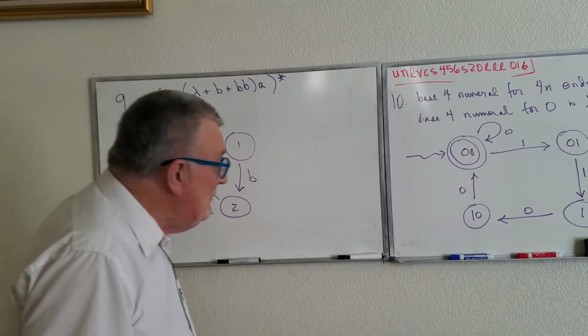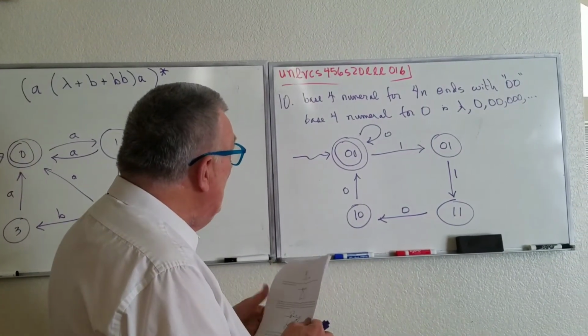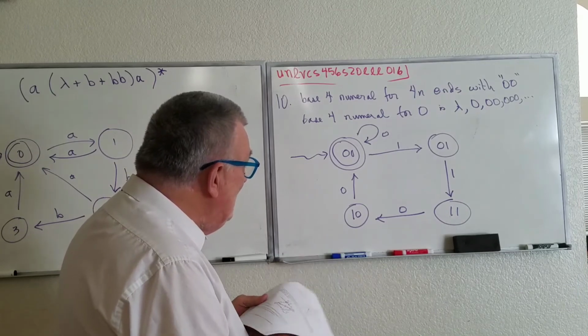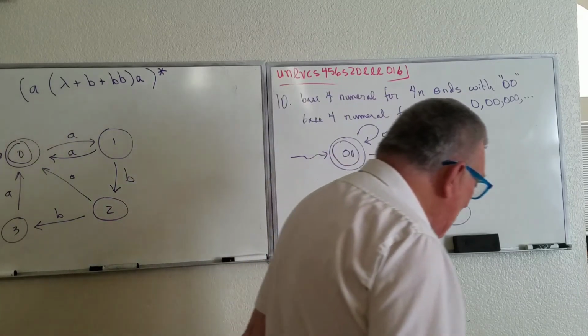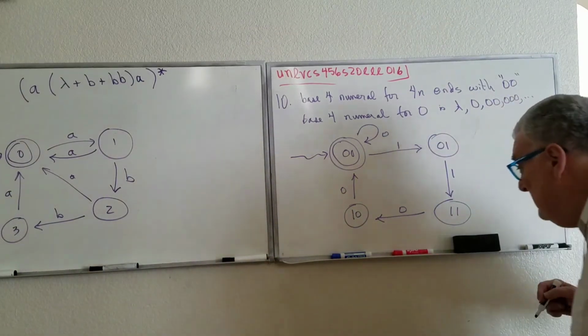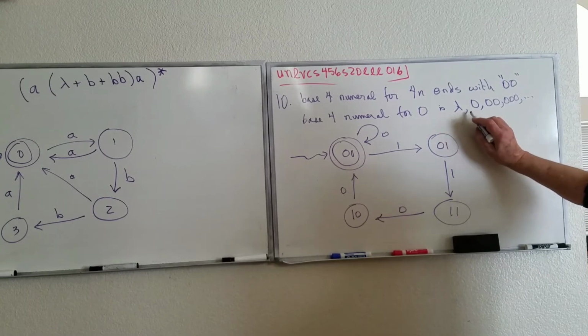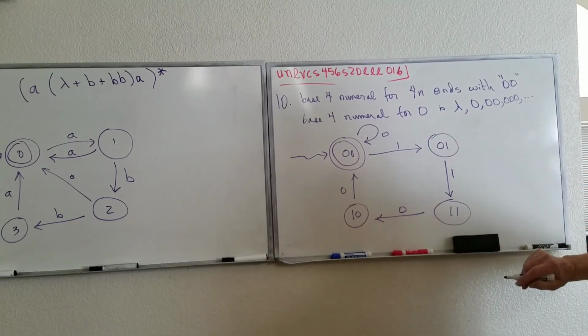Let's go to problem 10. We want to find a DFA for base 4 numerals for multiples of 4. Well, what does that mean? That means that since we're allowing leading zeros, a base 4 numeral for 0 could be the empty string. It could also be 0, or 0, 0, 0, 0, any number of zeros.